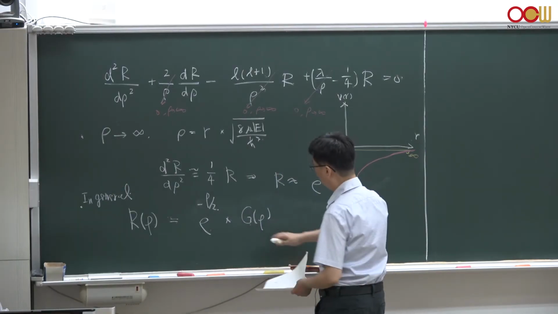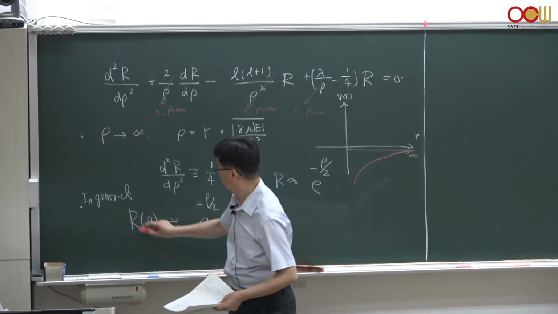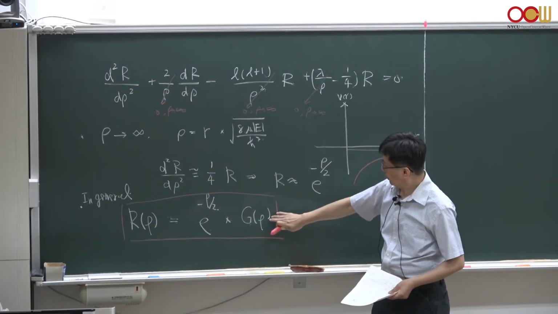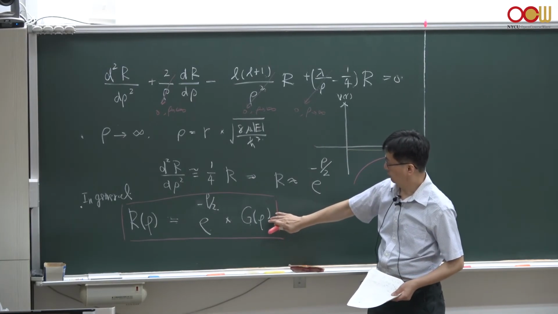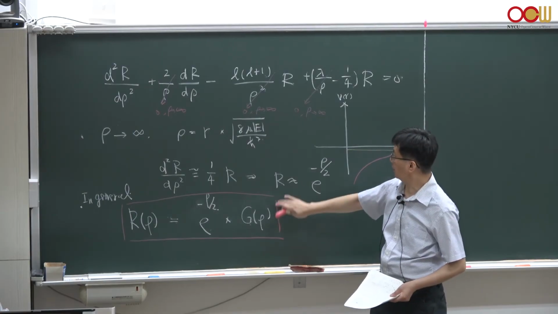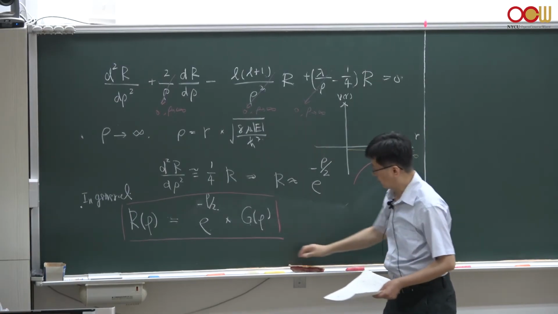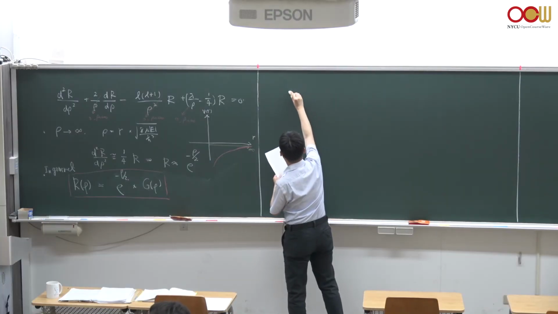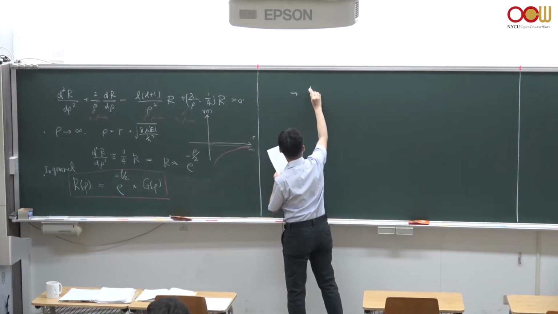But before that, let's just plug in this kind of ansatz. So we plug in our educated guess of this type of solution, capital R, back into this exact Schrödinger equation for capital R. We get the following equation for capital G.